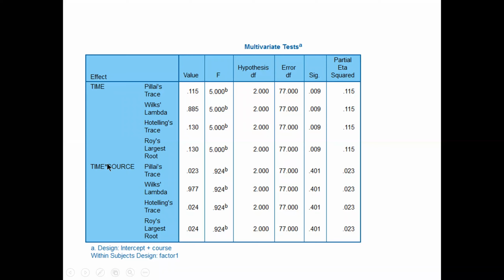Anything that involves the multiple repeated measures is going to be tested against the multivariate test. What you'll see is that time is significant, and the other effect that involves time, which is the interaction, is not significant.